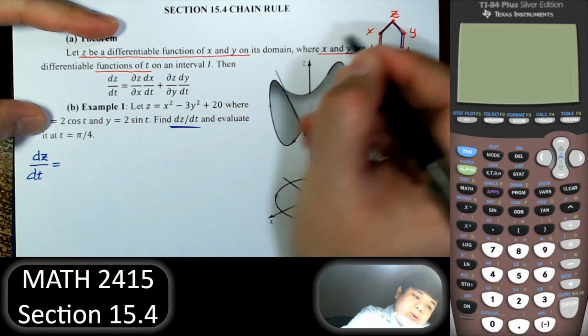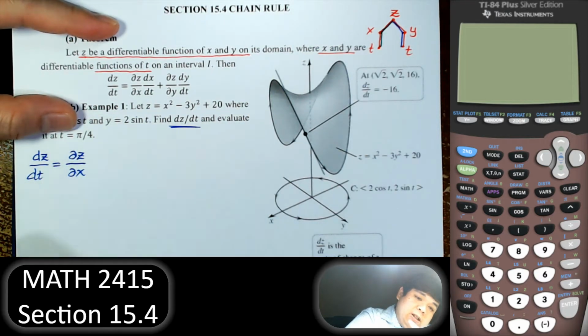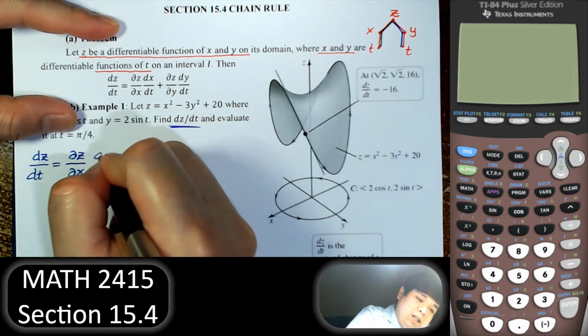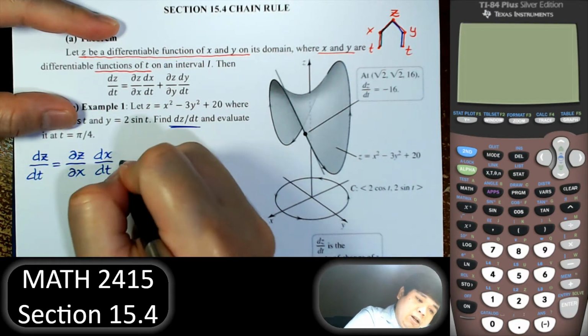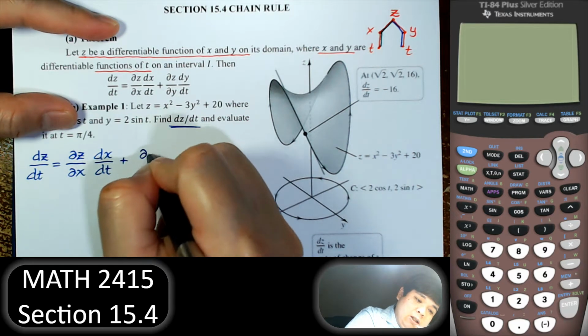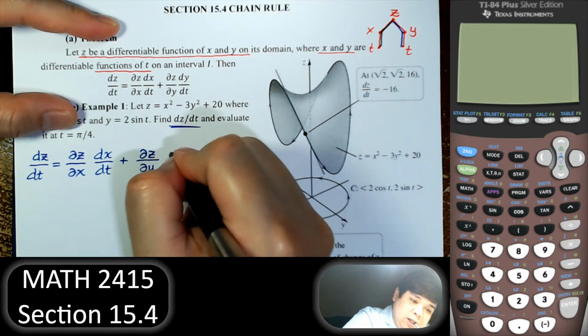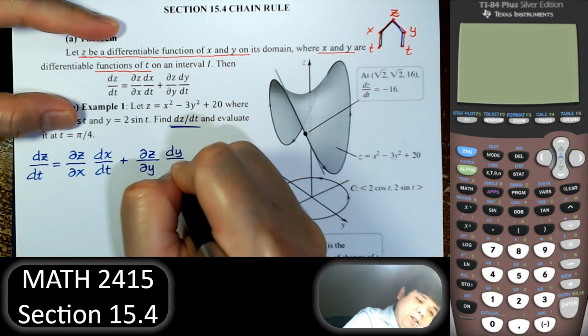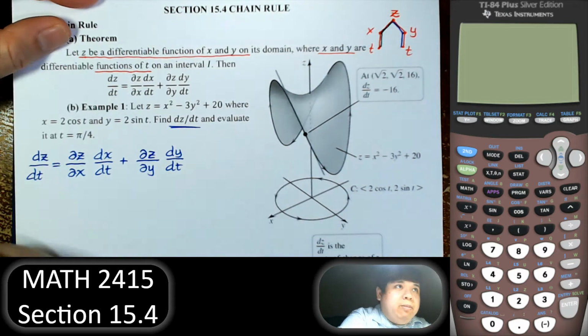We go from z to x, partial derivative, and then from x to t is just derivative, and then plus from z to y, and then from y to t. Right, it's important to draw the diagram.